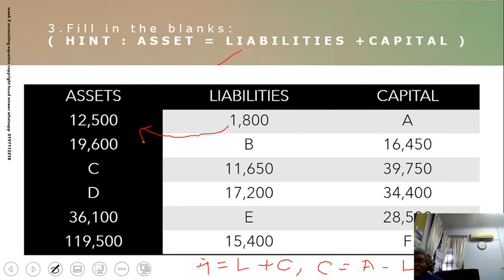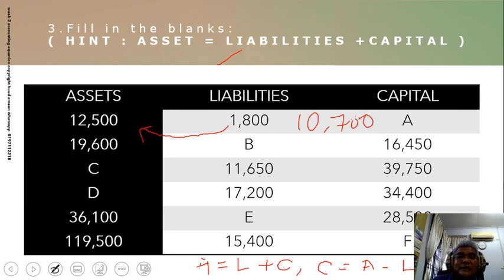At the same time, you have to take these pictures or slide. You can at the time answer these questions. 12,500 minus 1800. So you will get A is equal to 10,700.